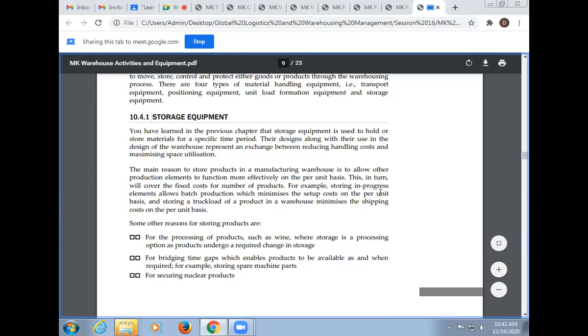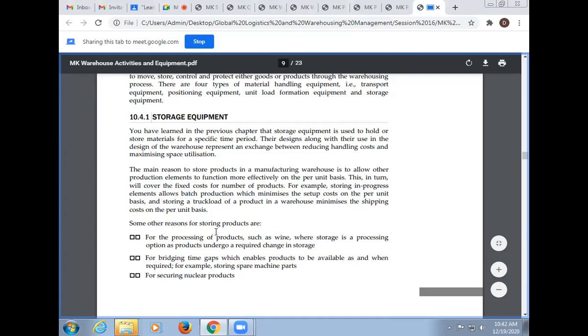For example, storing in-process elements allows batch production, which minimizes the setup cost on a per unit basis, and storing a truckload of a product in a warehouse minimizes the shipping cost on a per unit basis.